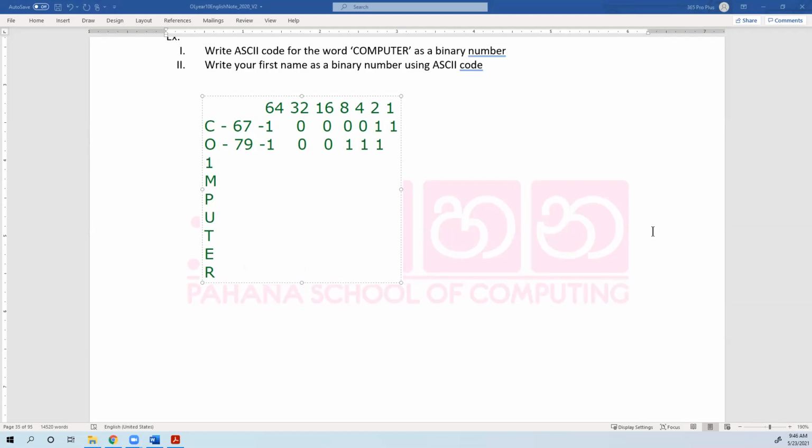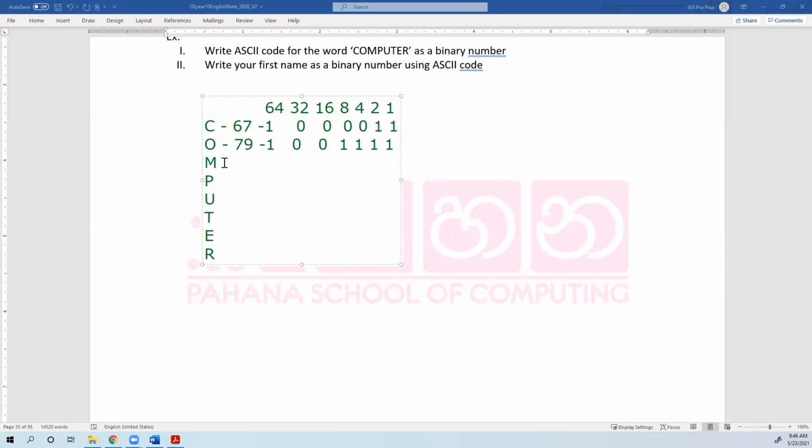That's how we get the representation for O.